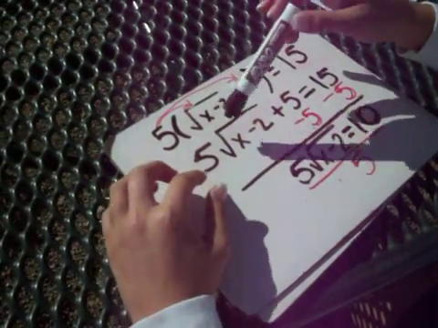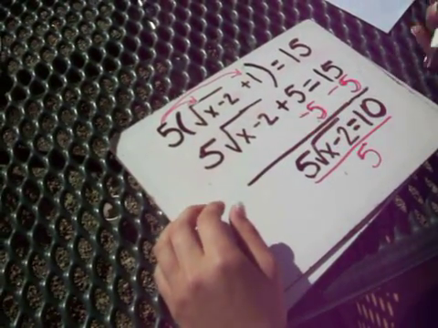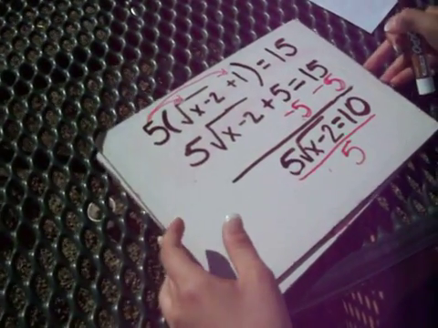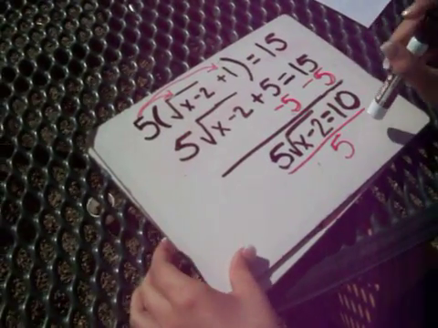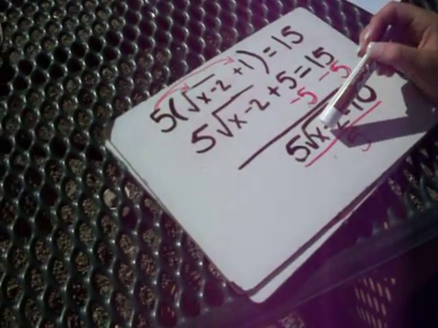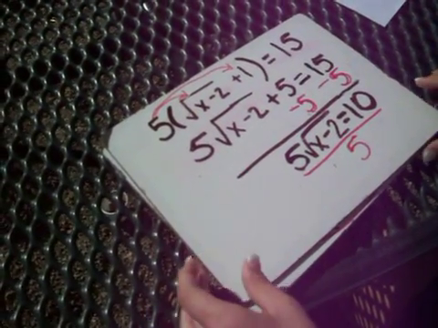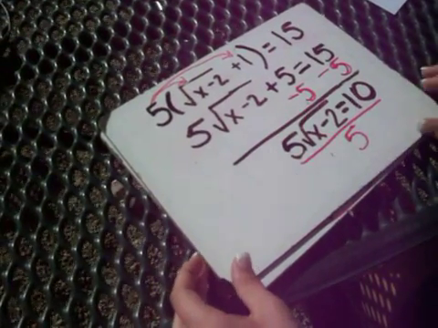So 5 times the square root of x minus 2 plus 5 equals 15 would be next. Then we subtract 5 from either side, and we get 5 times the square root of x minus 2 equals 10.